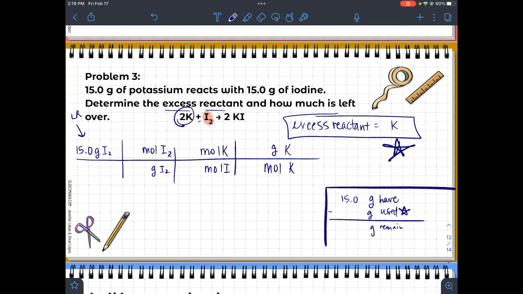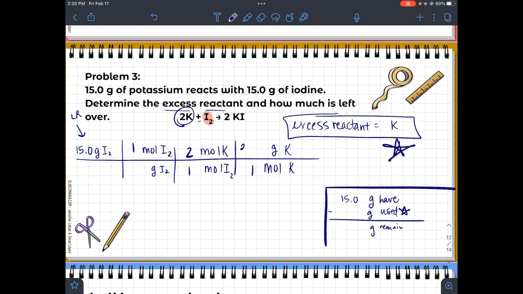All right, let's plug in some numbers. Mole to mole, coefficients. Potassium is going to be a 2. I2, iodine, is going to be a 1. I realized I forgot to write I2 there. So that's 2 potassiums, 1 iodine. Moles to grams is 1 mole. And the molar mass is what we use for grams.